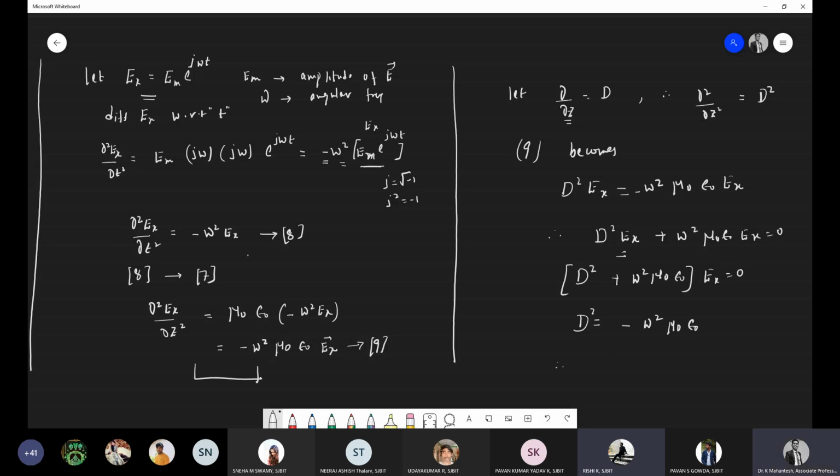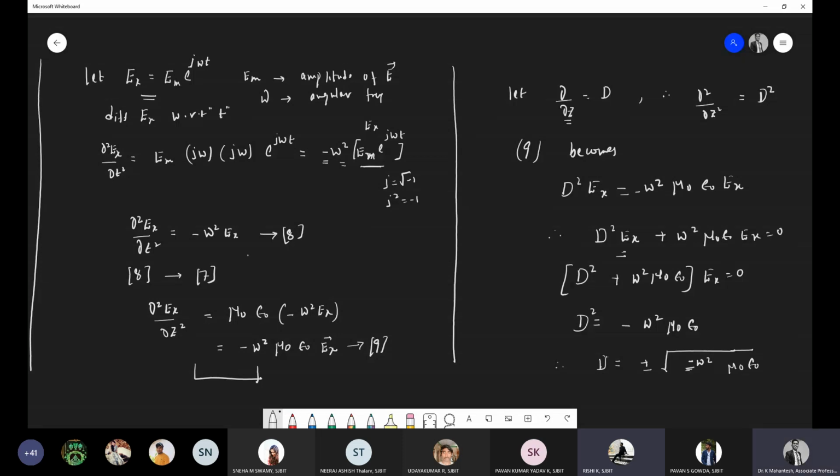Therefore, D is equal to plus or minus square root of minus omega square mu naught epsilon naught.